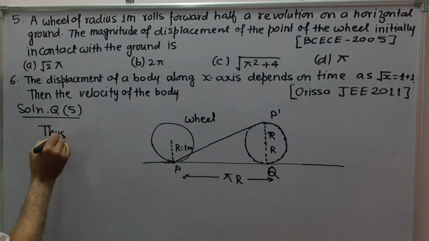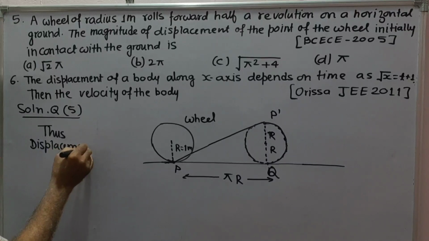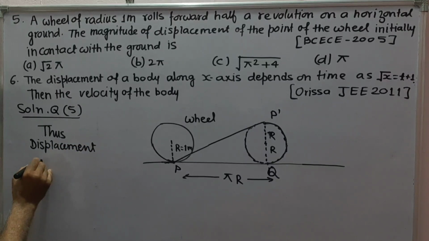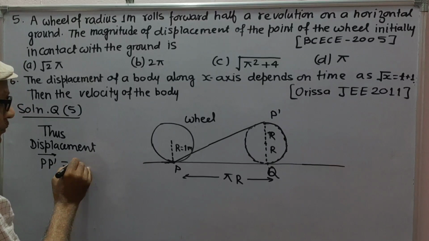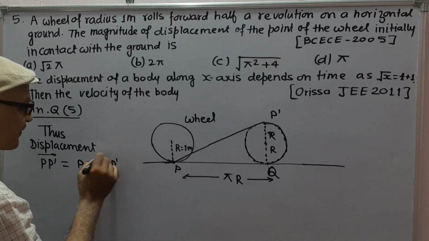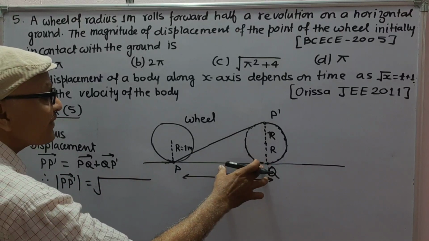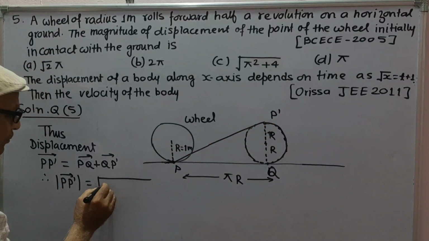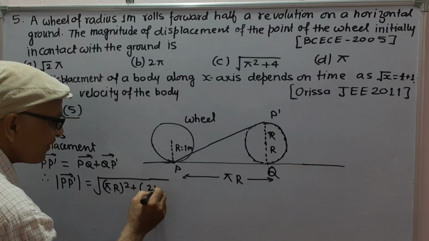Thus, displacement vector PP dash will be equal to PQ plus QP dash, and therefore mod of PP dash will be equal to under root this distance square plus this distance square, means pi r square plus 2 r square.